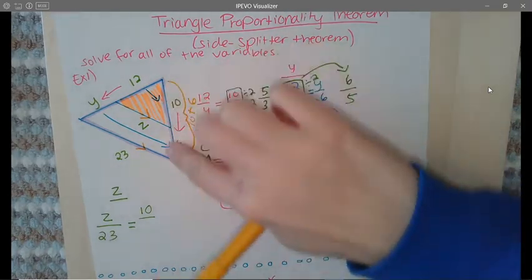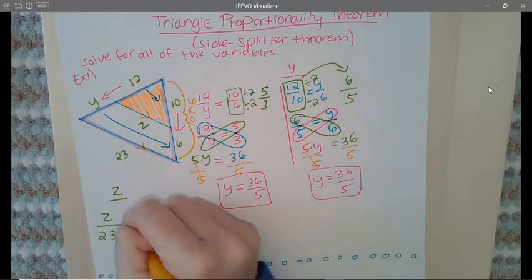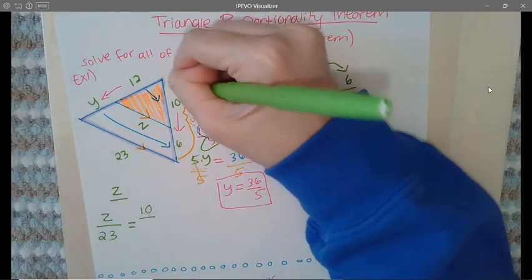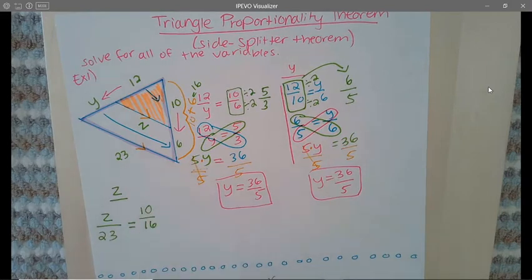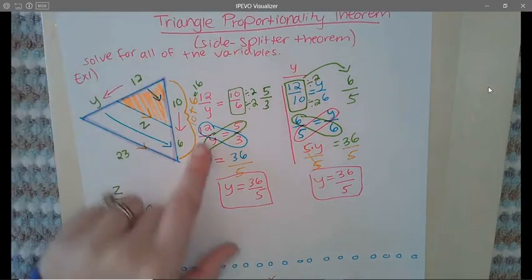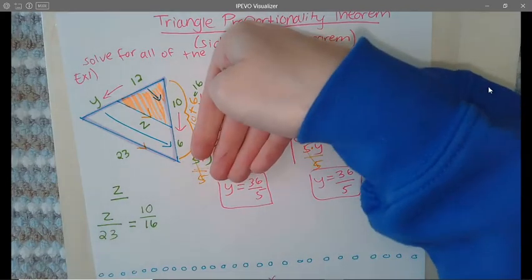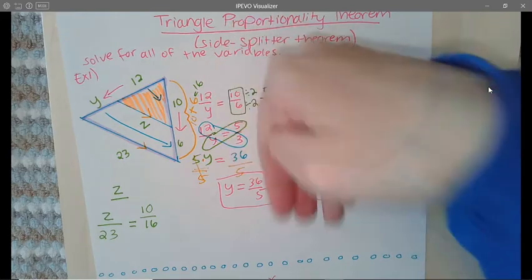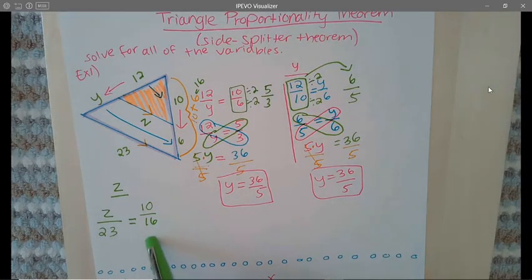So that whole side is 10 plus 6, which is 16. So I have the little side to the whole big side. If that's confusing you, don't write that on your paper, okay? But that's where that 16 is coming from.